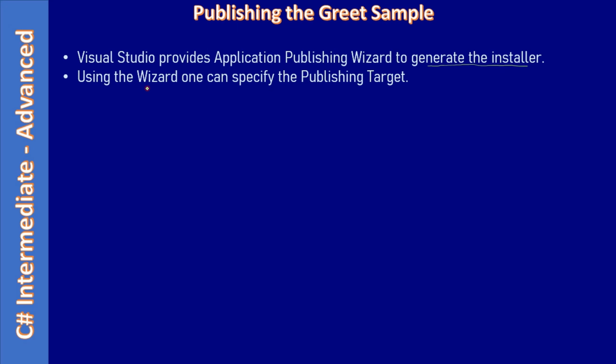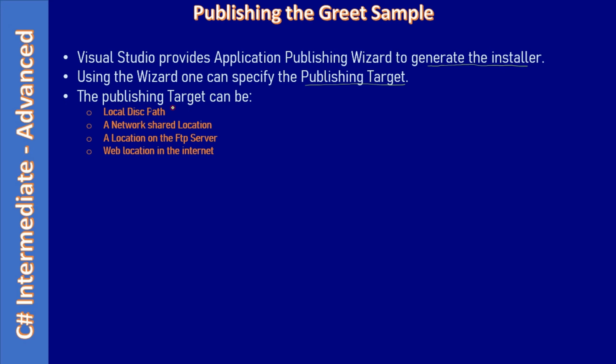Using the wizard, one can specify the publishing target. In our case, the publishing target will be the network share path. You can try with FTP and web address also as a publishing target. The publishing target can be, as we already saw in the previous video, a local disk path.